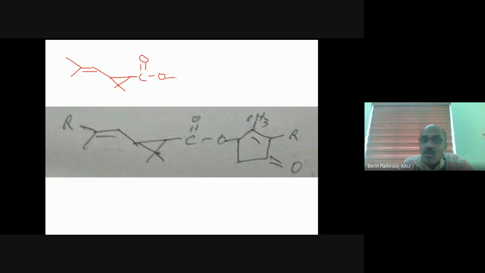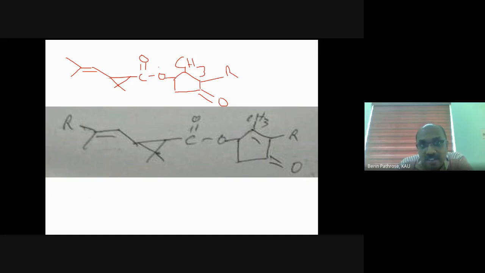So COO, here comes the alcohol part, CH3, this keto group, here comes the side chain. So this is how the basic structure of a pyrethrin looks like.